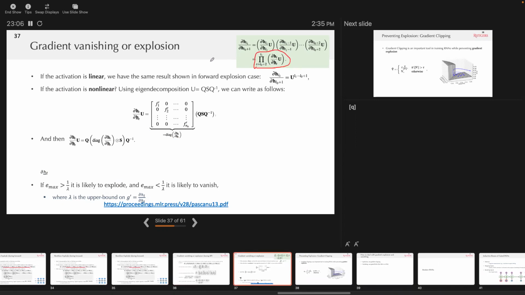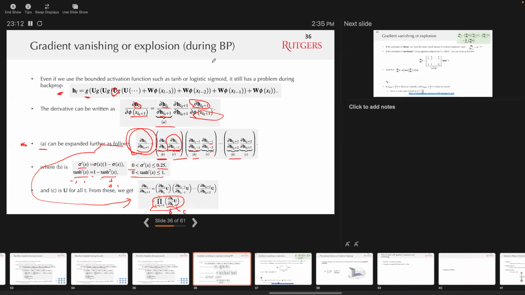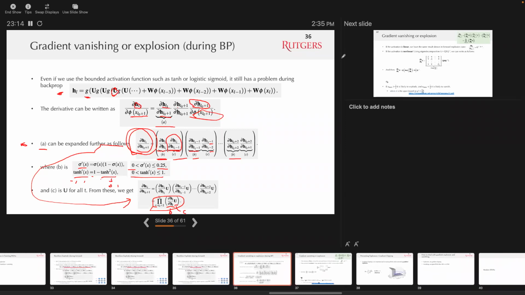Now, before I move on, let me make sure there's no problem with deriving this part. Any questions so far in terms of arriving at this equation? Any questions?